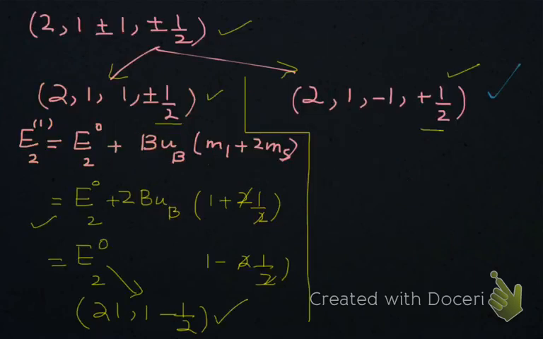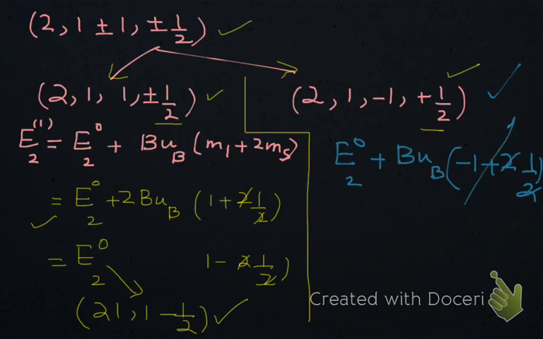Now these two levels are remaining. For plus half we have ml is minus 1 plus 2 into half, 1 minus 1, this goes to 0, and we have only E2 naught. So plus half we have E2 naught, and for minus half we have minus 2 mu b.